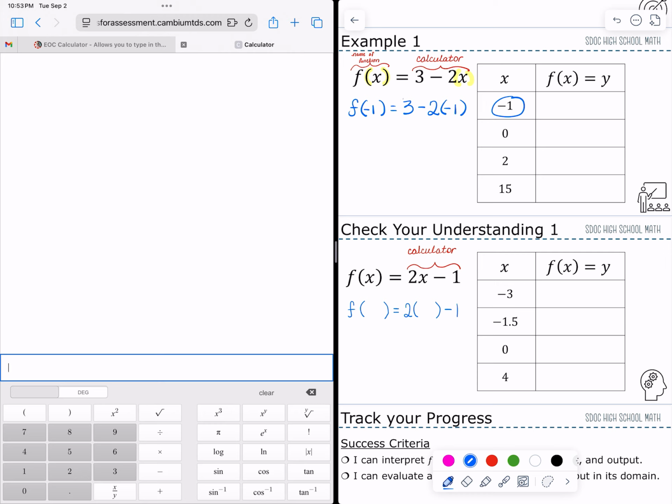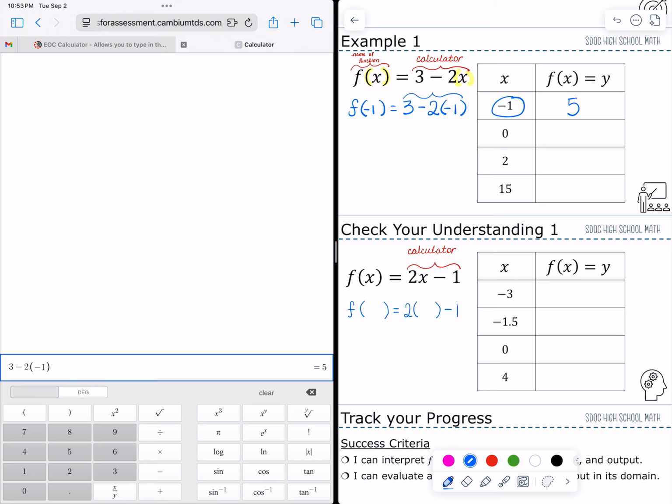Remember, the right side of this expression is what we're substituting into the calculator. So we have 3 minus 2, parentheses, negative 1, close parentheses, and the output, or the f of x value, is 5.